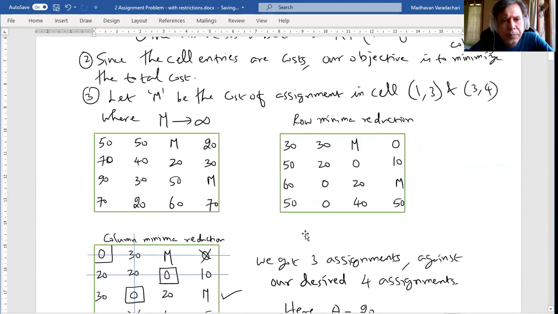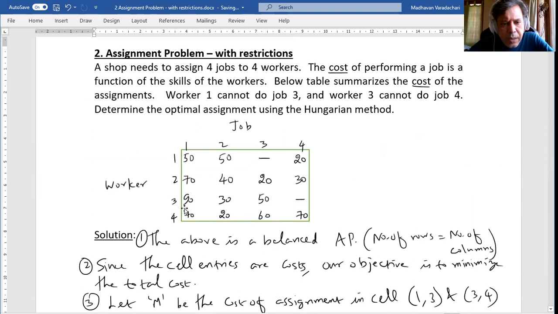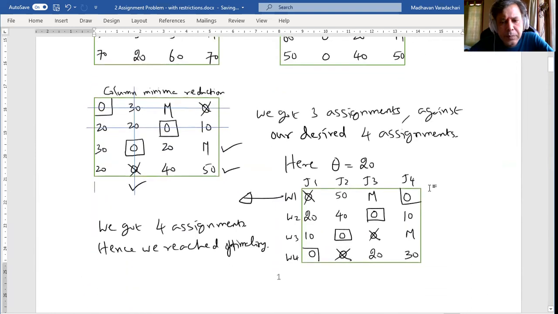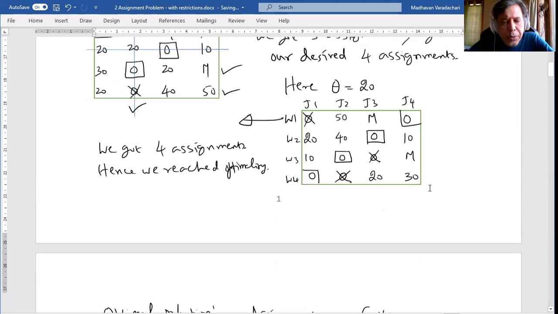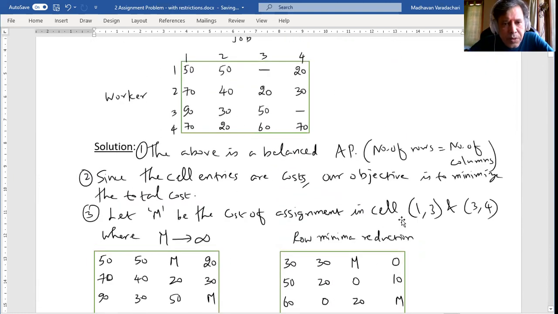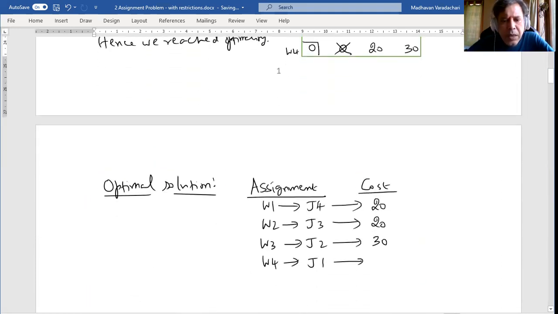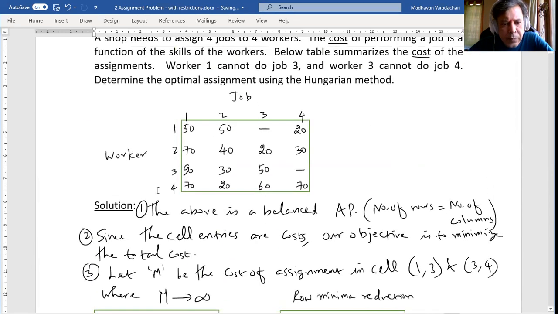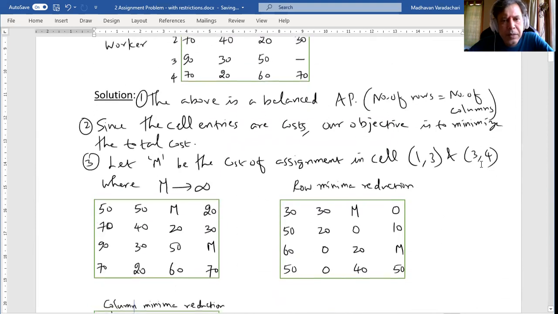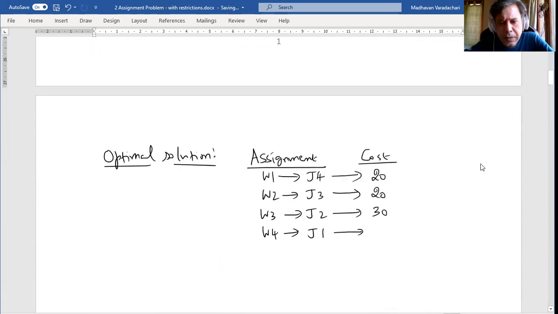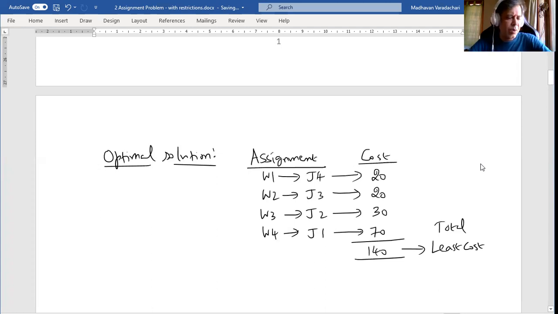W3 to J2, it is 30. W4 to J1, 70. So the total cost works out to 140. So that will be our total least cost. So this is the way this problem is solved.